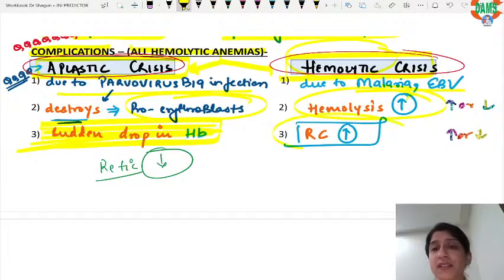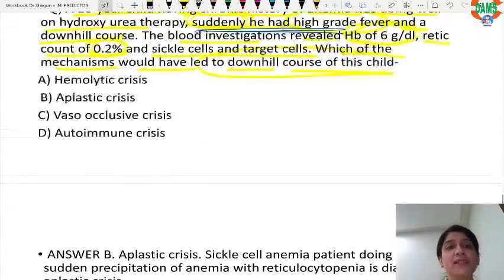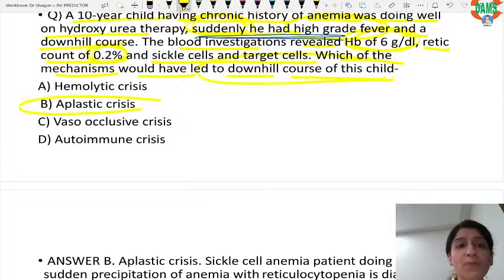So in this case, I will have a higher retic count. In this question, the sudden deterioration means there is going to be a crisis. But you see a classical reticulocytopenia, which is a case of aplastic crisis. So yes, here the answer is going to be option B, that is aplastic crisis.